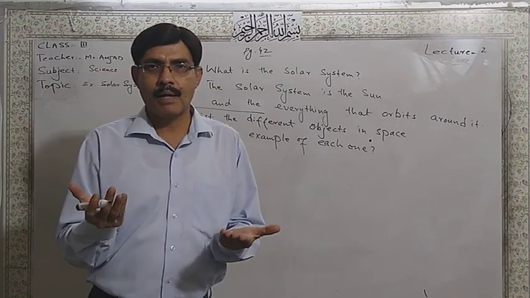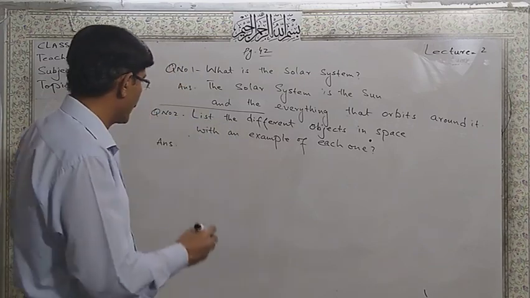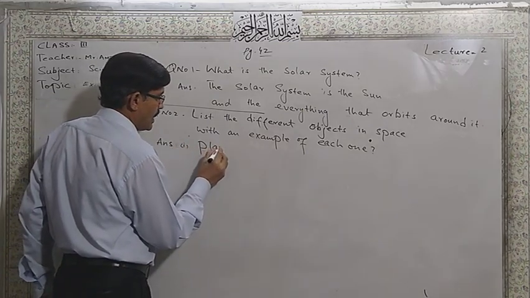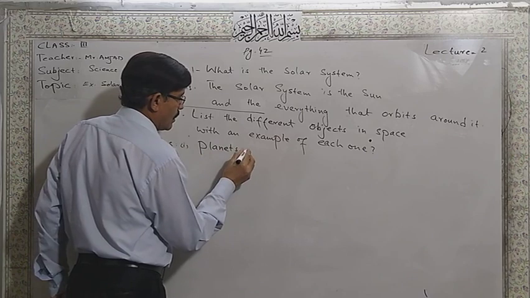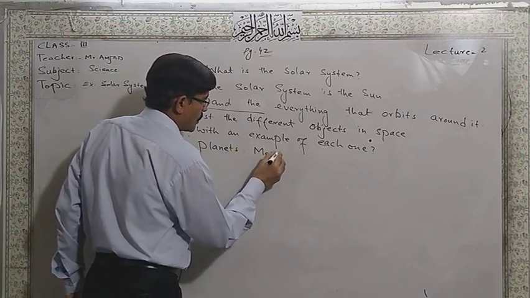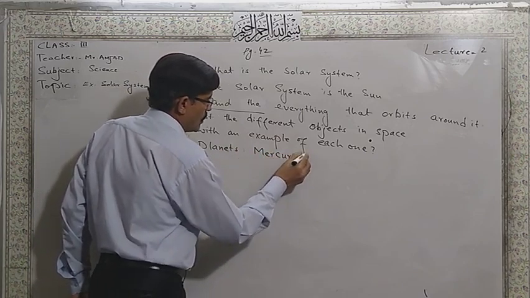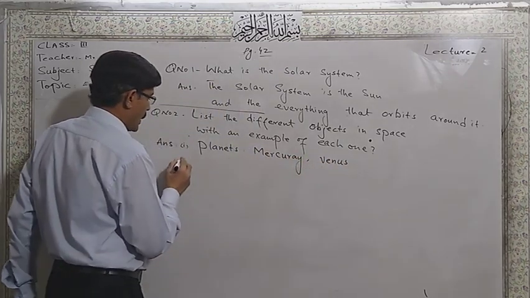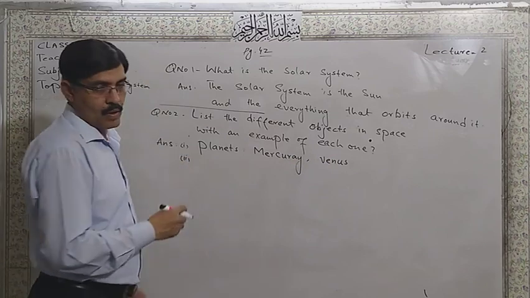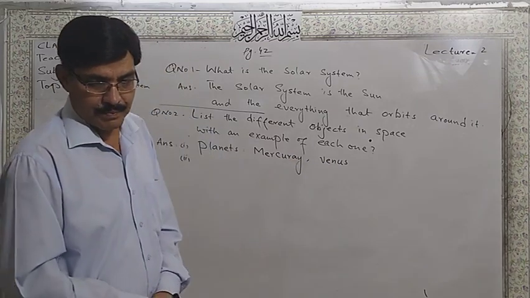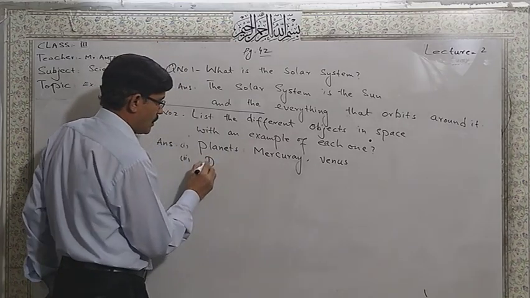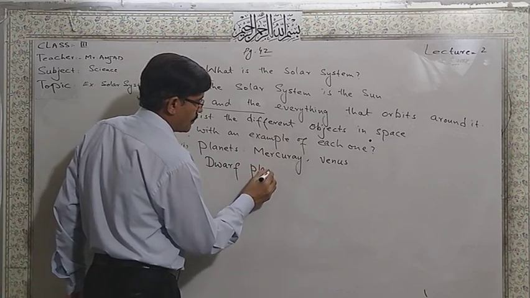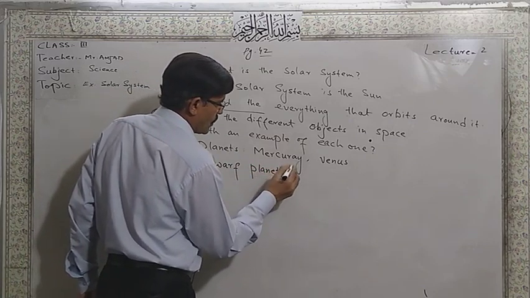Number 1, we have got planets, like Mercury, Venus. Number 2, we have got dwarf planets.